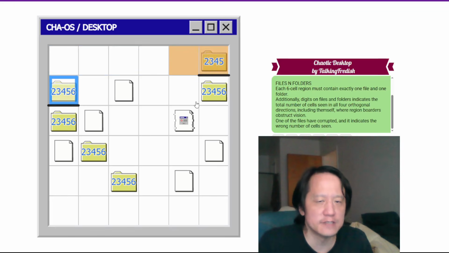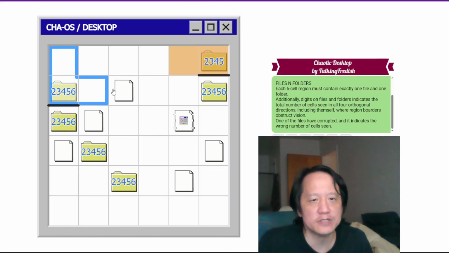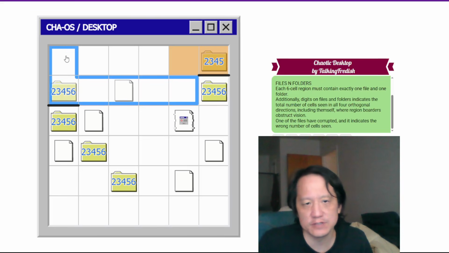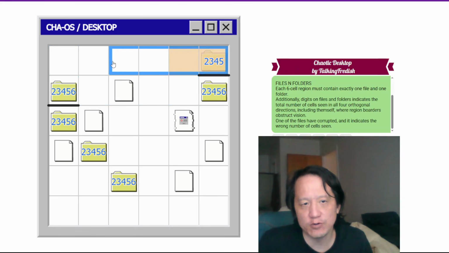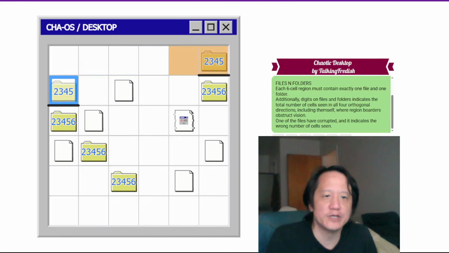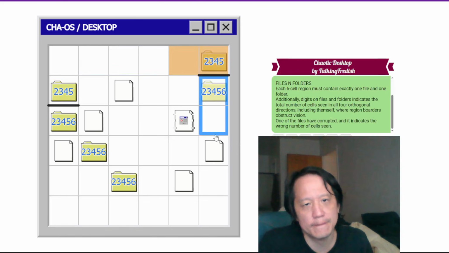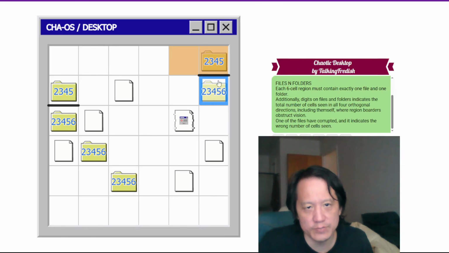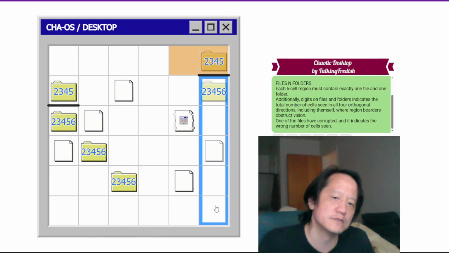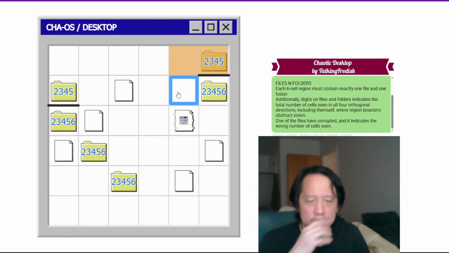This cannot see 6 either, because it can't see all of these cells here, because then that would block this from being a full region. So we can't have 6 there. We can't have 6 here because it's blocked from vision this way. Actually, it could be 6. It could be 6 if it goes like that.